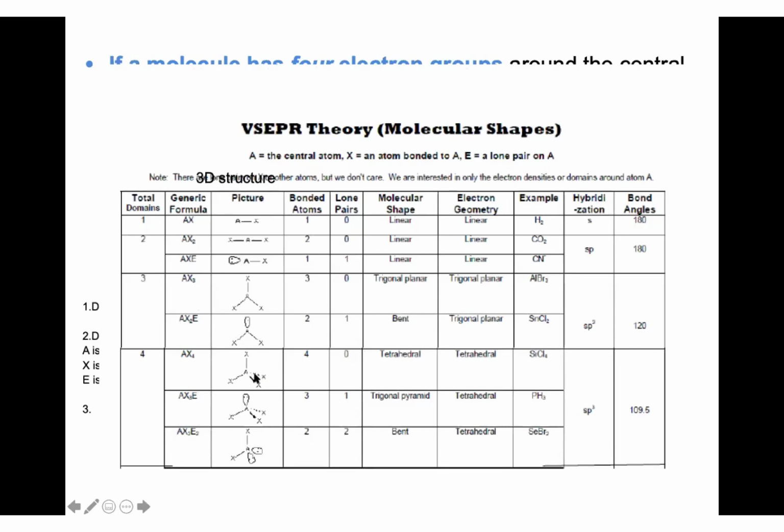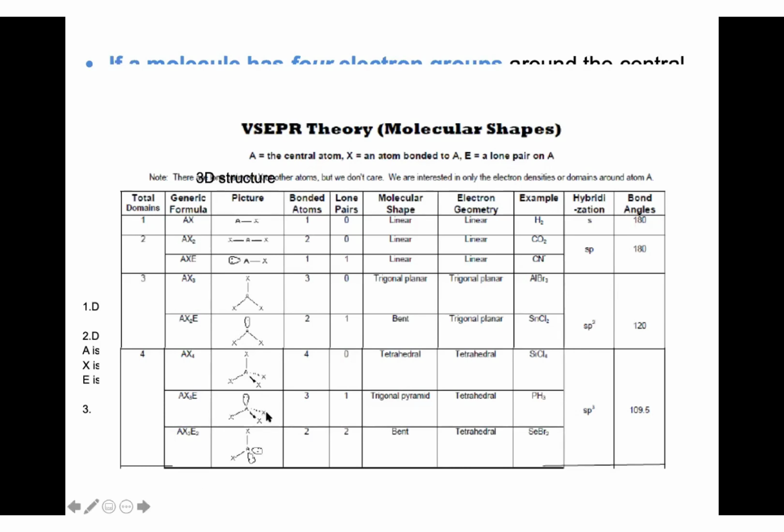What are these hashed lines, or dashes and wedges, here? This is a wedge. When you have a bold line, it is a wedge. It means that the hydrogen is toward you, coming out of the monitor toward you.